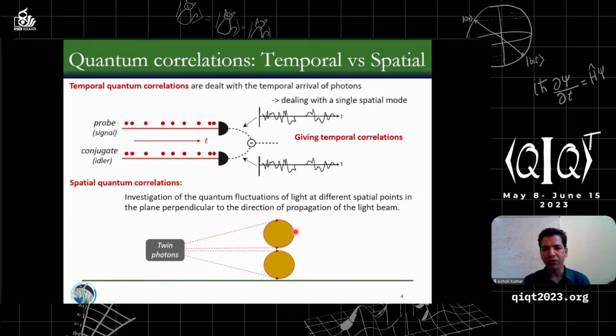If I look at a transverse plane perpendicular to the propagation direction, how are the photons distributed in that plane, and how are their correlations distributed? This kind of correlation will give me spatial information, or a spatial correlation. So we want to study and use this kind of correlation.